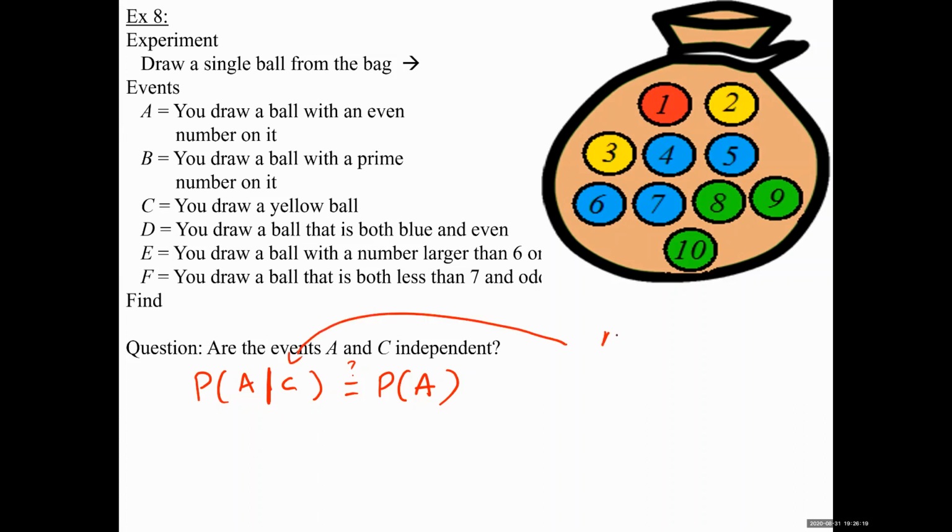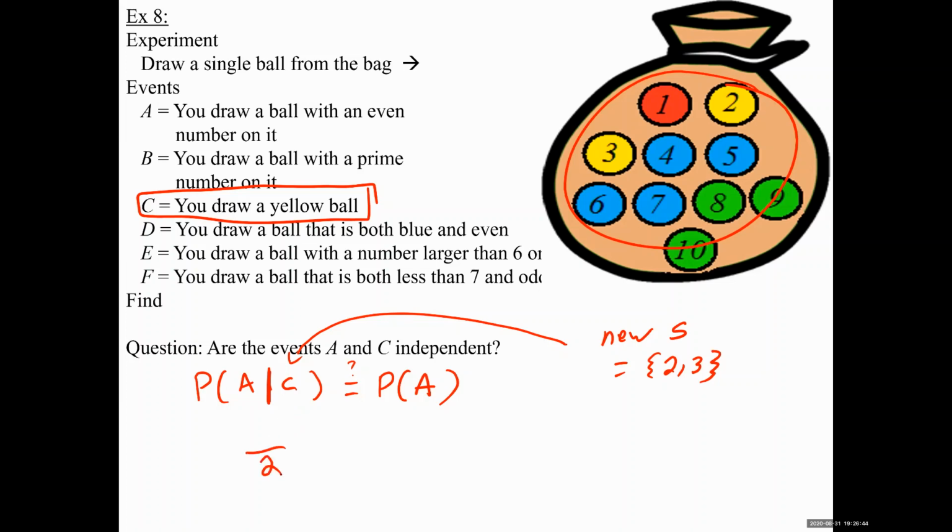So again, I want to think about the new sample spaces. One more time, I draw a ball out of this bag. I don't look at it, but I show you, and you tell me C happened. So you said, Greg, just so you know, it's yellow. What's still possible after you've given me that information? 2 and 3 are still possible. That's it. So the bottom number for this probability is 2.